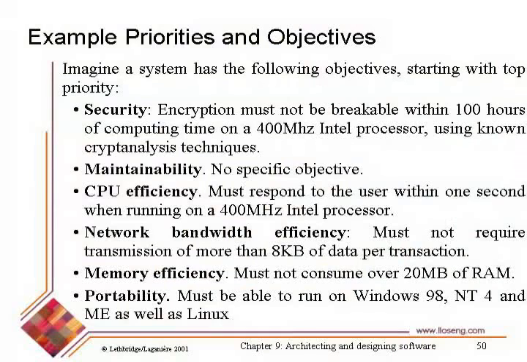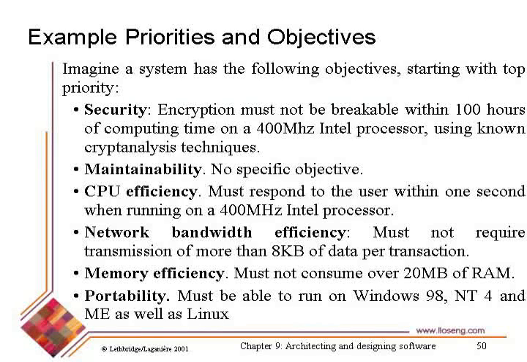Here's a scenario. Imagine that I was designing a system, and in conjunction with my customers and users, I discussed that I had the following priorities. Job 1, security. Essential to have security in this system. I'm going to quantify it. Where possible, I want to quantify all these things. Let's use a 400 megahertz Intel processor as a baseline and say that all my work's going to be done within a few hours.